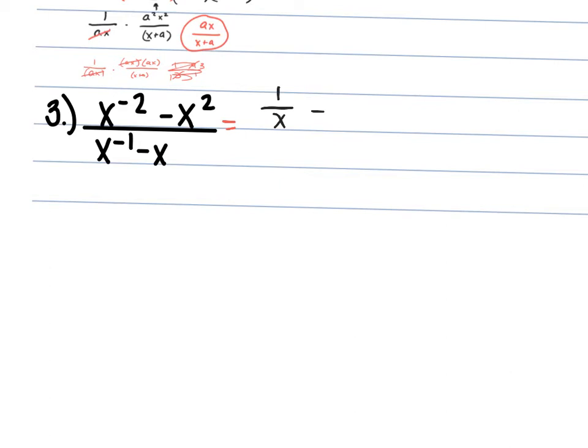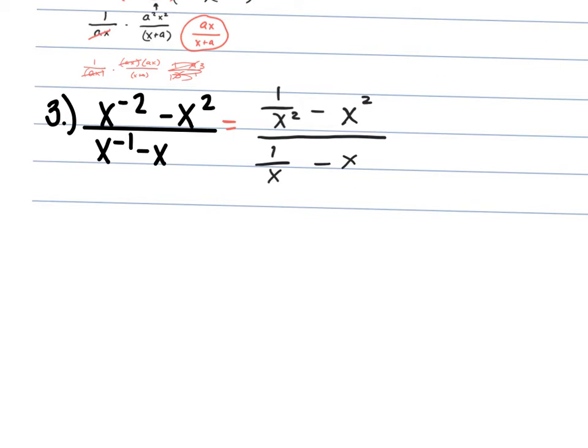My apologies. Good catch. I was going too fast. That should just be minus x squared. My apologies. And this is a 1 over x minus x.